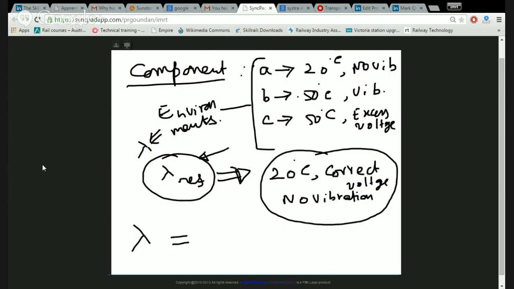but for each one component I am checking, just for one component, the value which you have to use is lambda reference, which is given for a standard condition in the handbook, multiplied by factors called pi factors, which are given in the handbook.